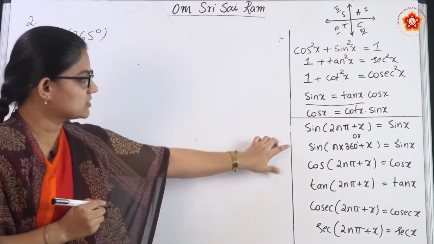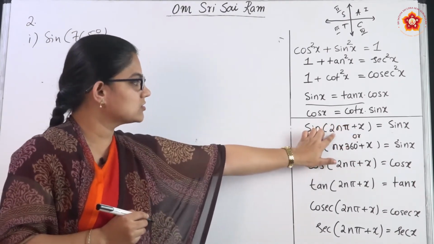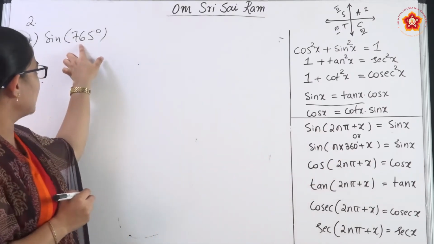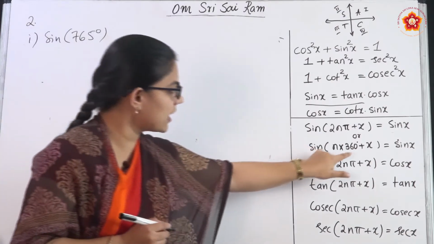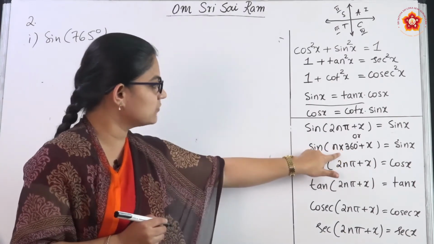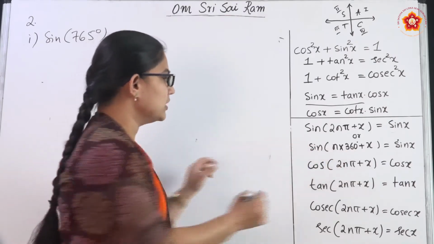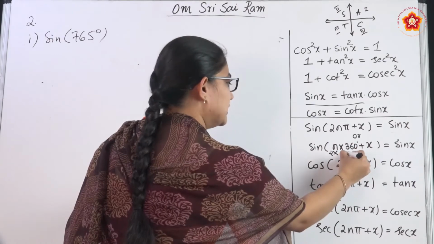Here we have sine of 2n pi plus x is equal to sin x, right. Since our angle is in the degree measure, let us have that same formula in this form, that is sine of n into 360, or we can say 2 into n, that is for any integer, into pi.